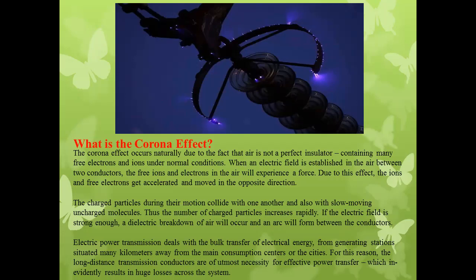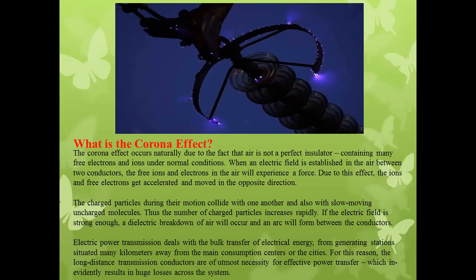Thus the number of charged particles increases rapidly, since the collisions between the molecules of various elements increase the number of charged particles.